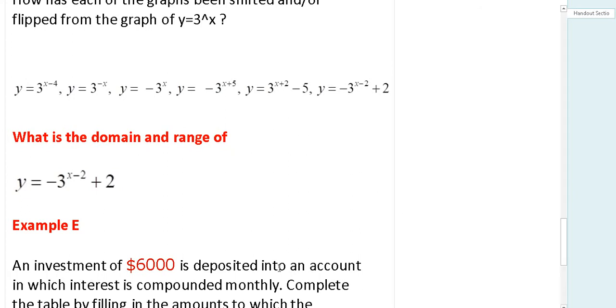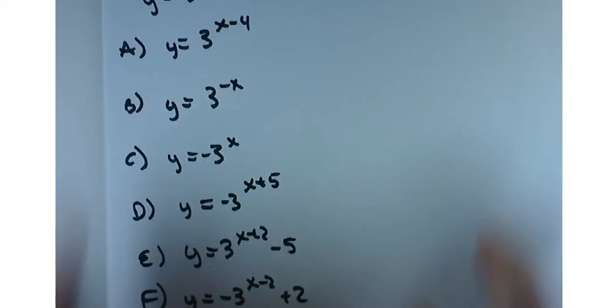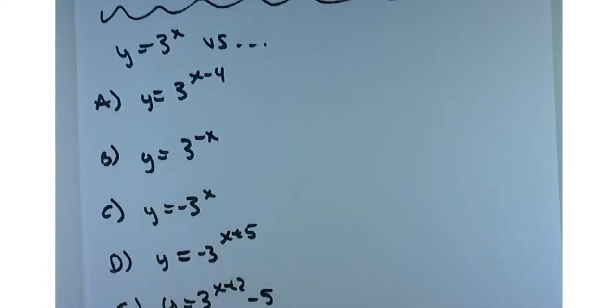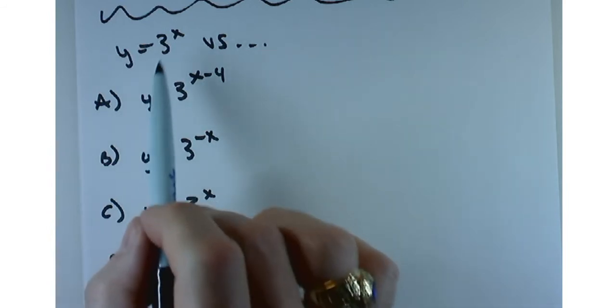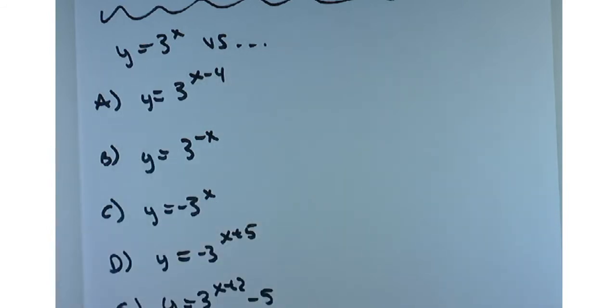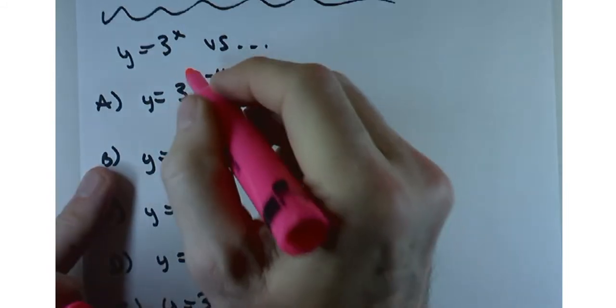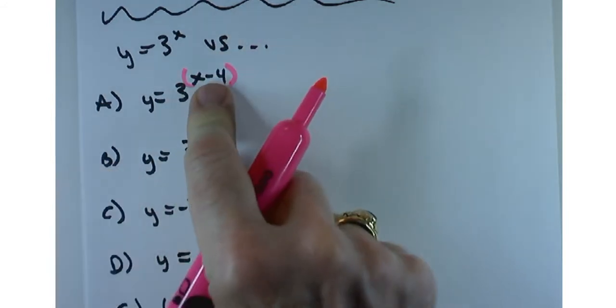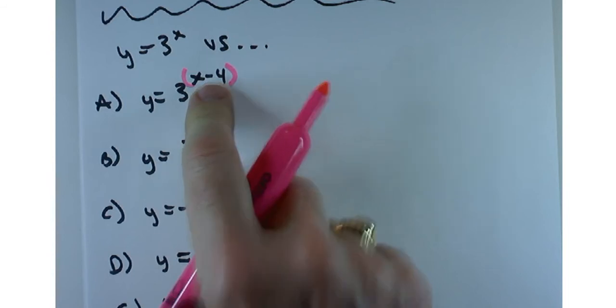So let me switch over here. Now all these graphs have been shifted compared to this one. It's our job to figure out how they've been shifted. What you should focus on in this one is right up here. Instead of an x in the exponent, you've got an x minus 4.